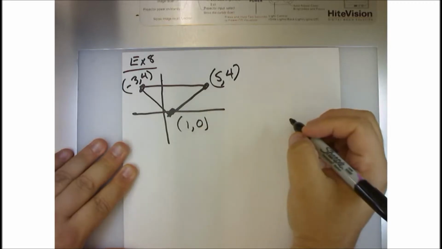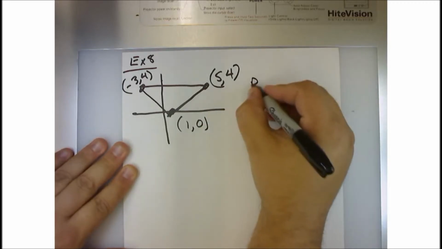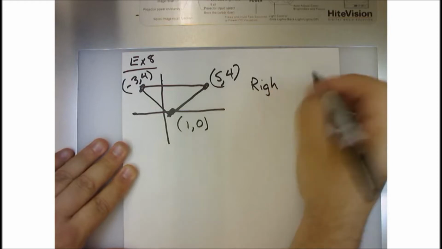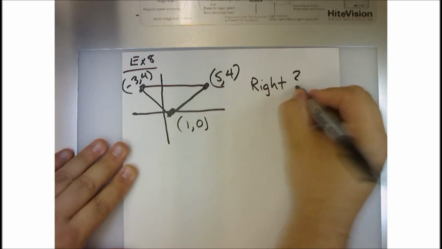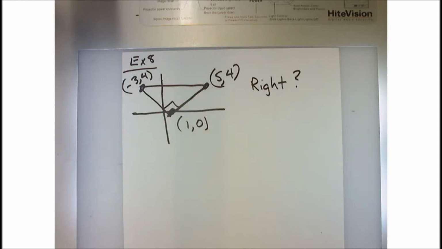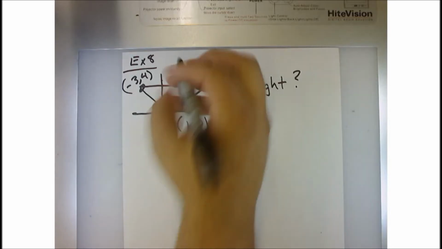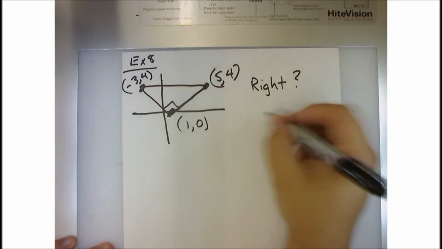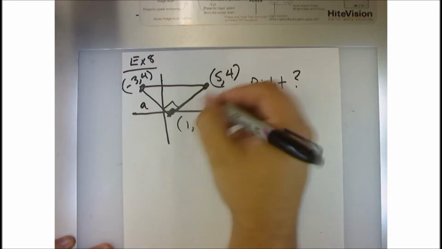All right? And we want to know, is this a right triangle? Now that means that this should be a 90-degree angle. Now if you look at the picture, what do we know about right triangles and the longest side? What do we call that? Hypotenuse. So we should be able, for example, I might call this A and B and C.